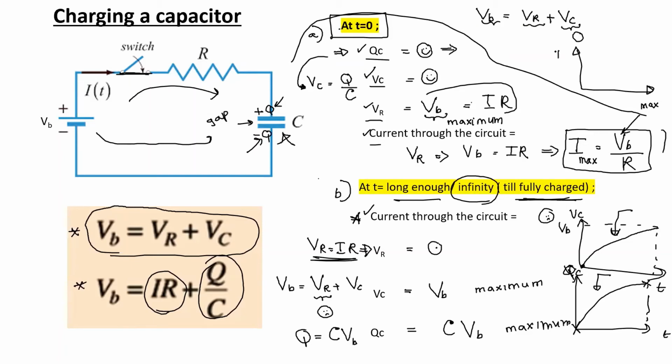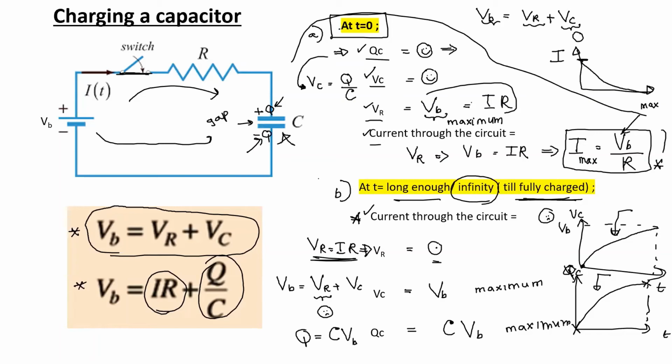So at t equals 0, the current through the circuit was maximum, right? See, it was maximum at t equals 0, and it was 0 after some time. So it starts from the maximum and keeps on reducing.